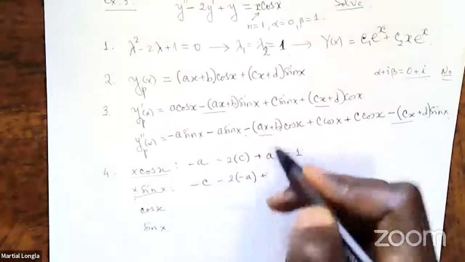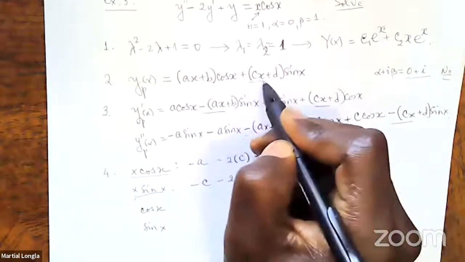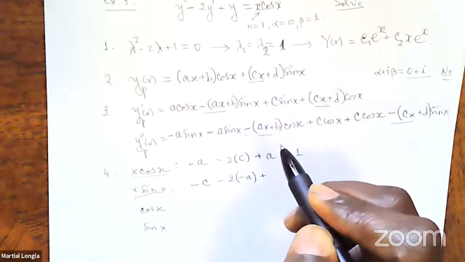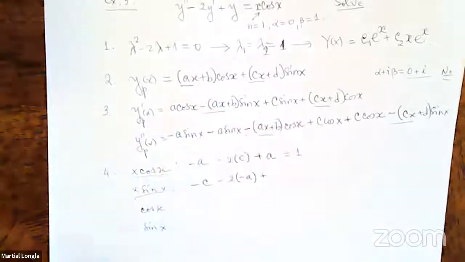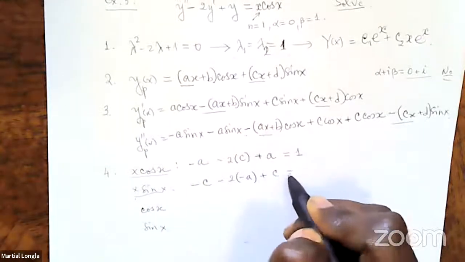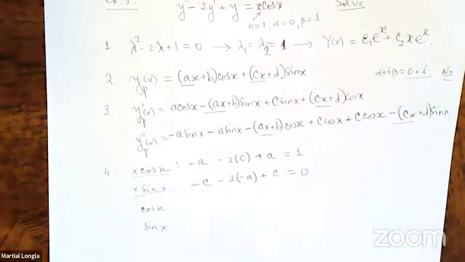You go to the original function, x sine, that's c. Equals the right hand side of the equation, x sine is 0. Are we all right?